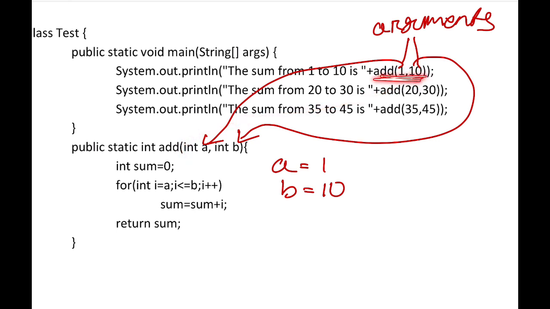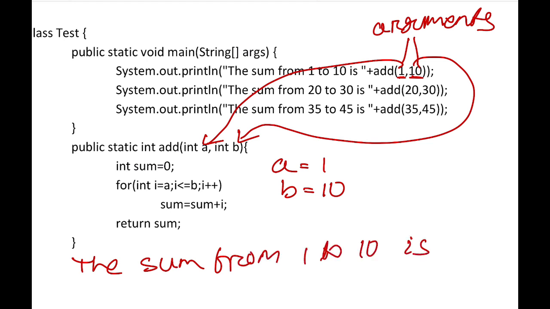Then here the value of the sum is going to be displayed. So it is going to print like this, the sum from 1 to 10 is add(1, 10). So I think it is 55.